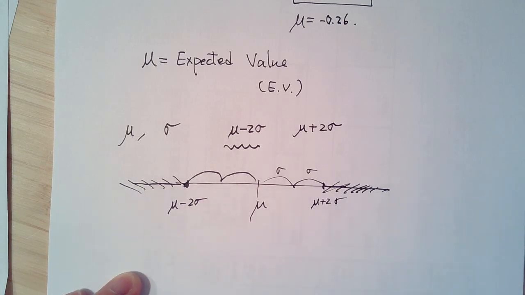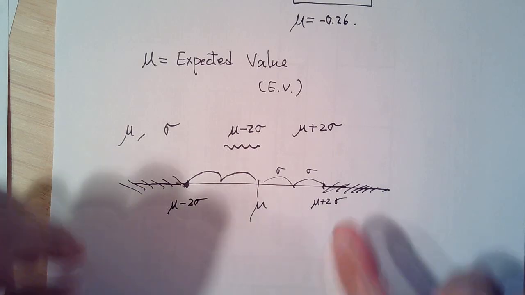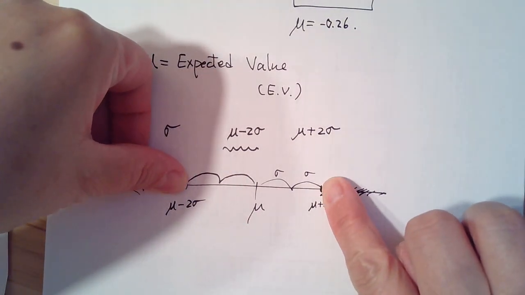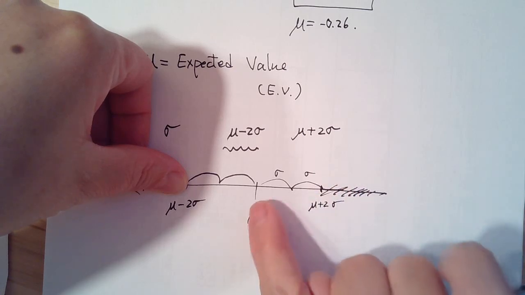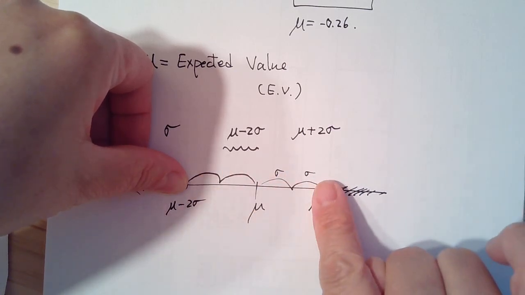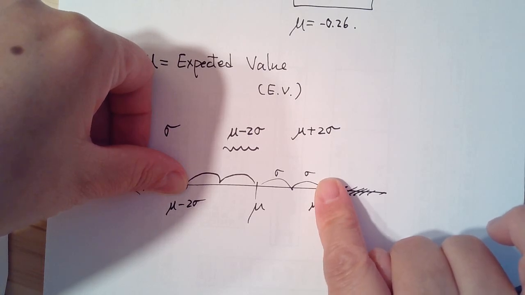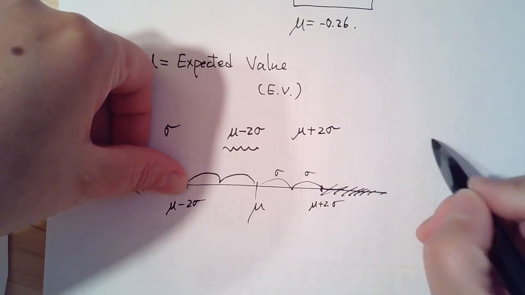Do you remember we learned the empirical rule? If it's a bell-shaped distribution, we have 95% of the data falling within 2 standard deviations of the mean. See, that's the 2 standard deviations of the mean. By Chebyshev's rule, if k equals 2, do you remember it's 1 minus 1 over k squared?